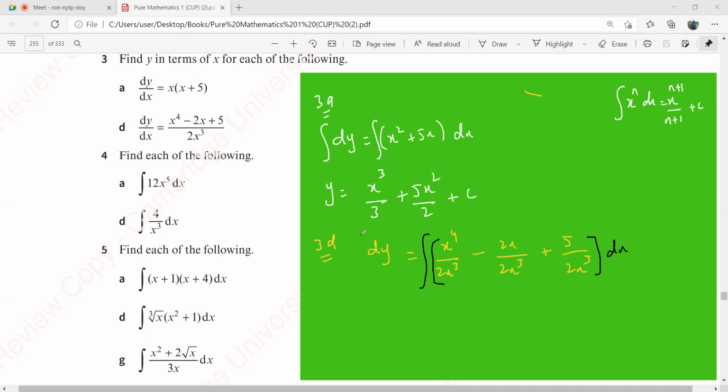So this is also going to be integrated. By the way, this is my integration sign, please don't mind it. So this becomes y, and I will not be integrating this right now because I need to simplify this. So this would become x over 2, this would be minus 1 over x squared, and I would write it as minus x raised to power minus 2. And then I have 5 over 2 x raised to power minus 3, and there is the dx.